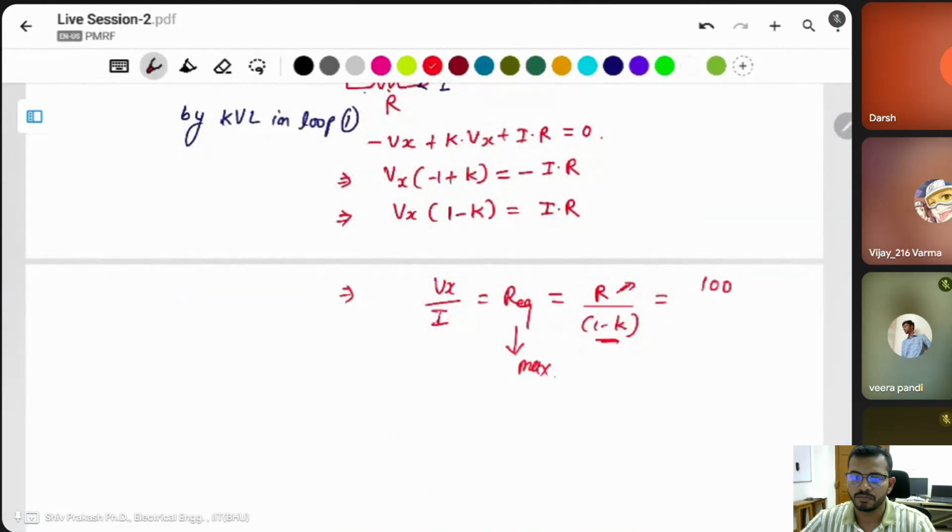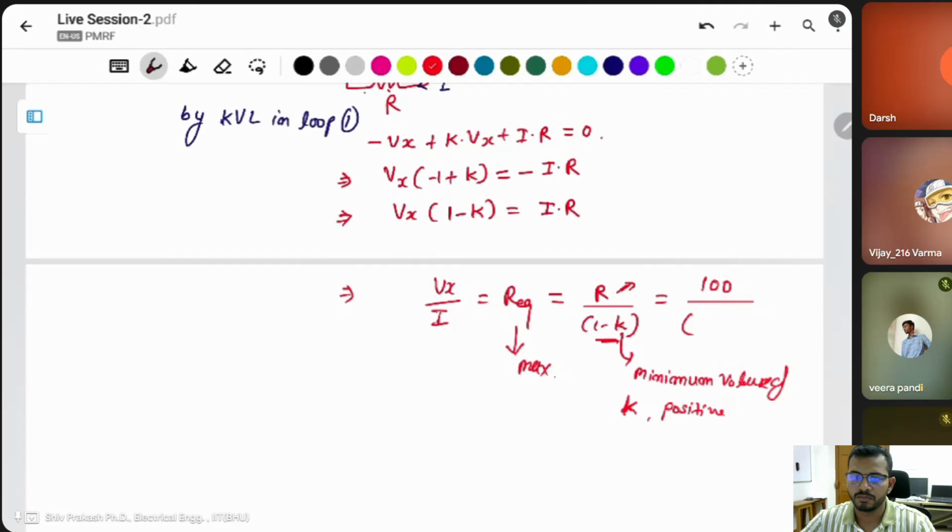This is the maximum resistance, and for the value of K, we need the minimum denominator. If K is negative, then 1 minus K will be a bigger positive value.